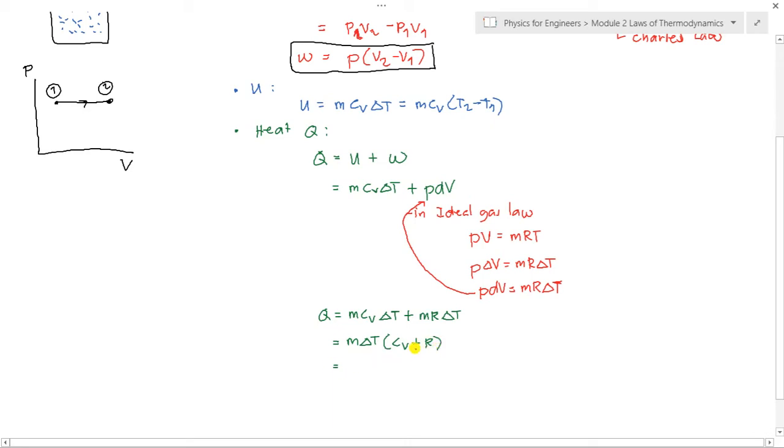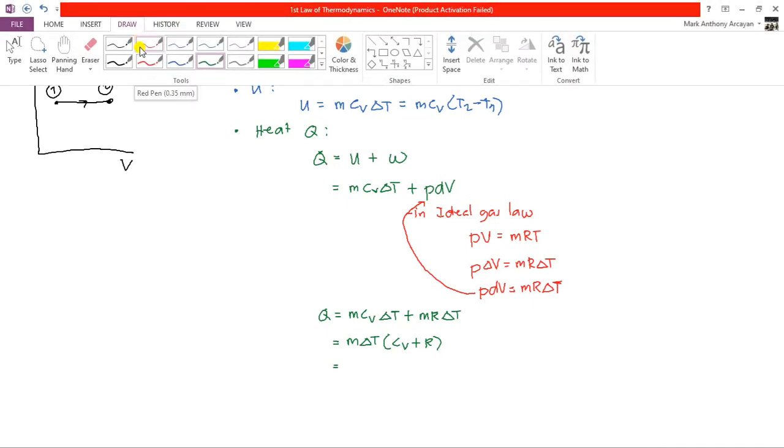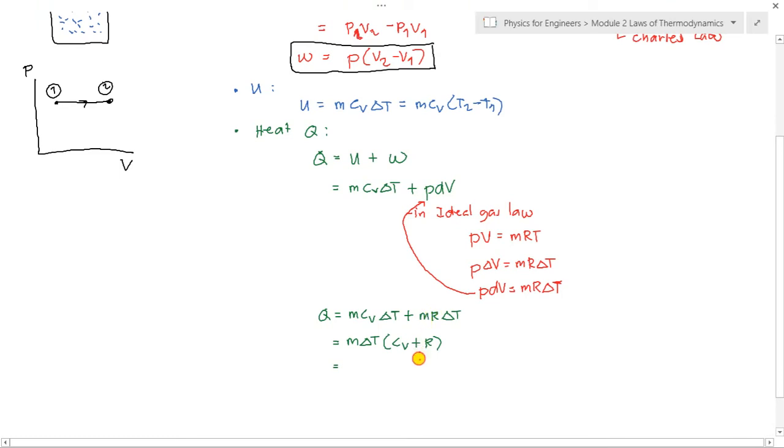Class, does anyone know the parameter that represents the sum of Cv and R? What is the equivalent of Cv plus R?